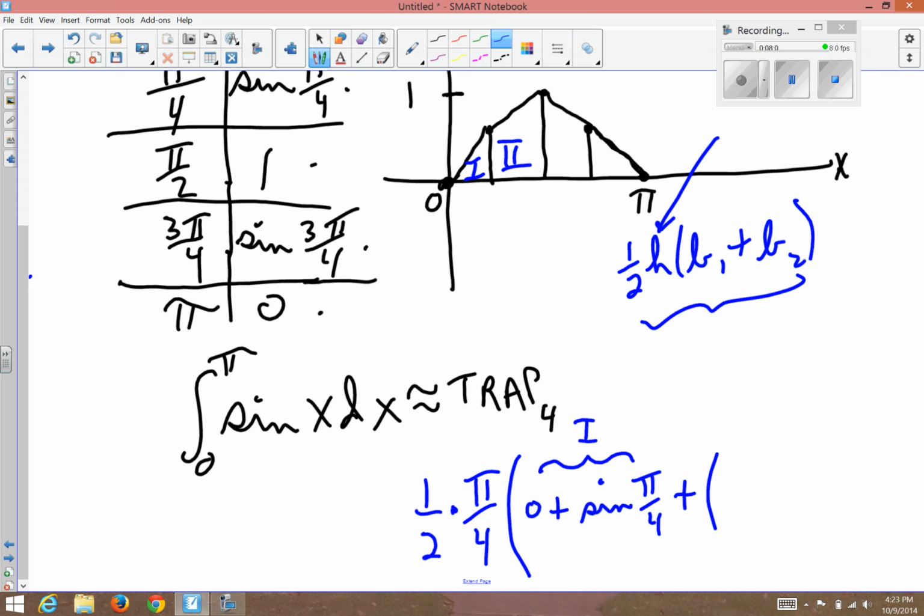The bases are the sine of pi over 4, this is the first base of the second trapezoid, and this is the second. So the bases of this are the sine of pi over 4 and 1.